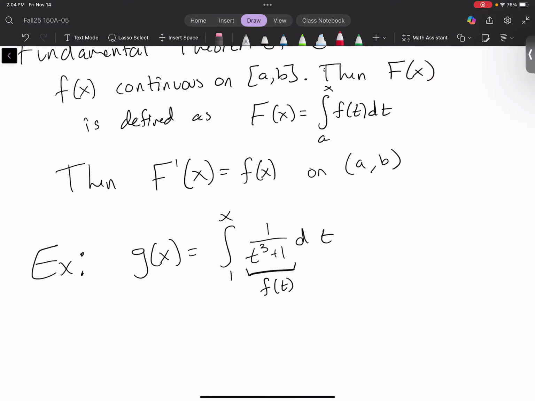We're doing 1 to x, so this is continuous. Then what we know from the fundamental theorem of calculus is that g prime of x is simply I plug x into that integrand: 1 over x cubed plus 1.